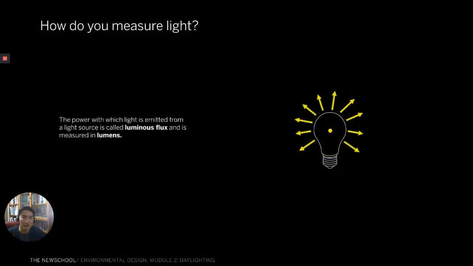Let's learn how to count and measure light. First of all, the rate at which a light source emits light energy is called luminous flux. The rate at which a light source emits energy is analogous to the rate at which water sprays out of a garden hose.